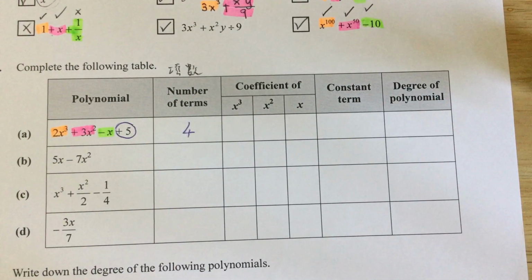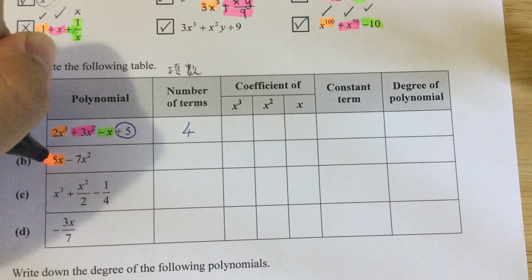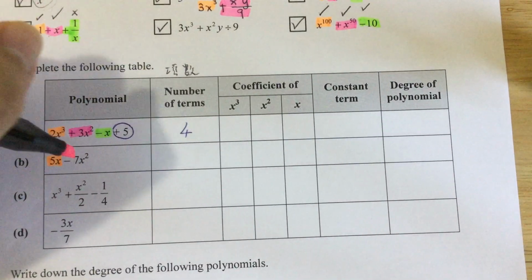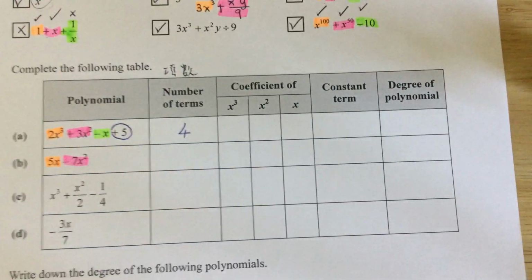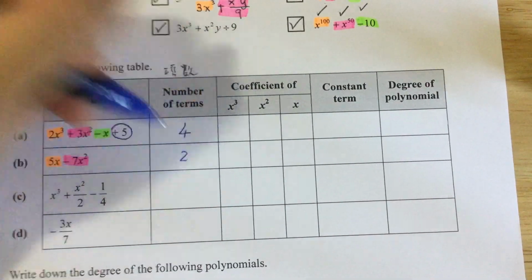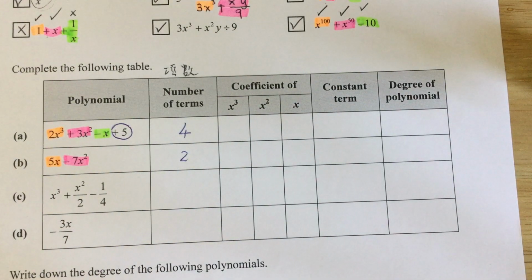Okay, for part B, you will see there are 2 terms. The first term is 5x. The second term is negative 7x squared. So this one will be 2. Part C, you will see there are 3 terms.